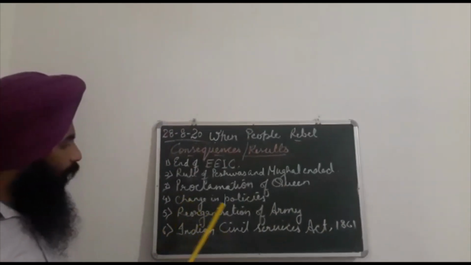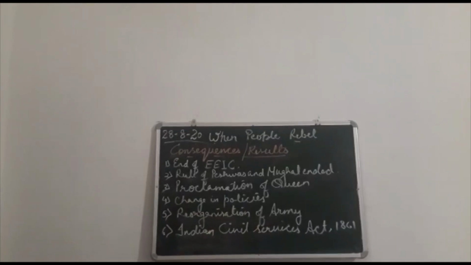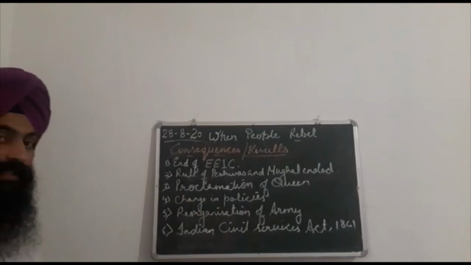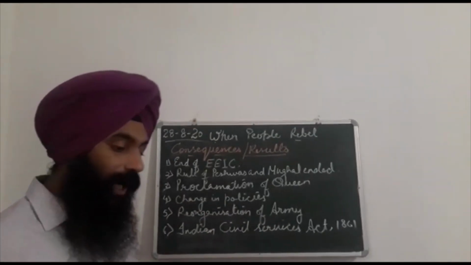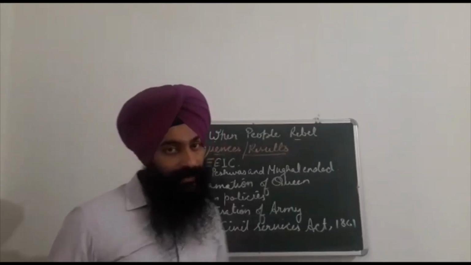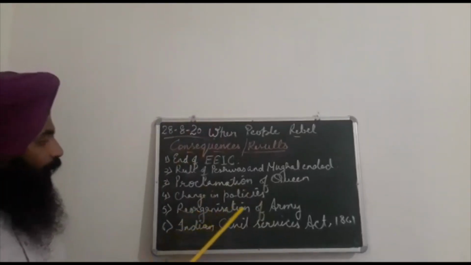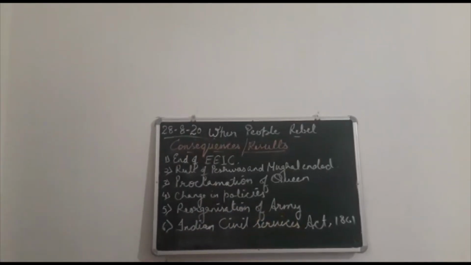Next one, reorganization of the army. As the Indian sepoys were responsible for the outbreak, which we discussed under the military reasons or the immediate reasons responsible for the revolt of 1857, the Britishers decided to reorganize the army.